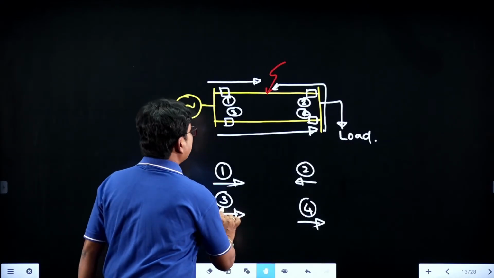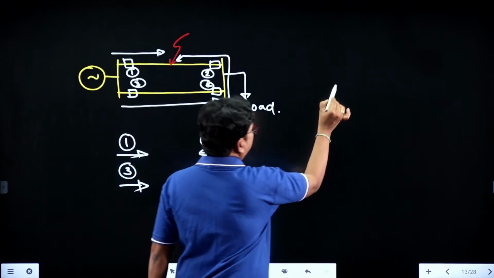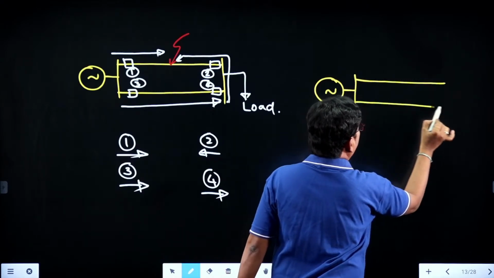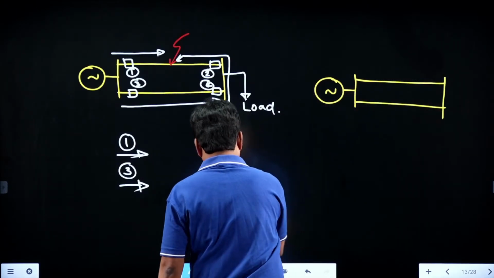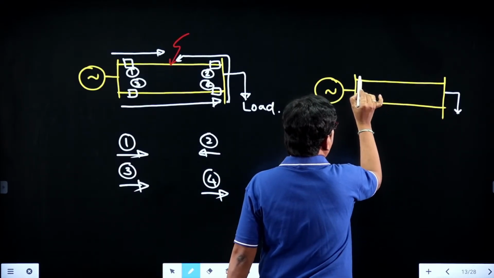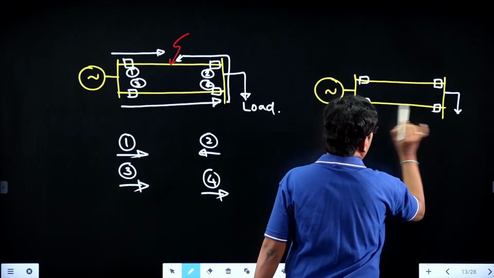Now, suppose the fault is in the second wire. Suppose you have the same connection: this is relay 1, this is relay 2, this is relay 3 and this is relay 4.